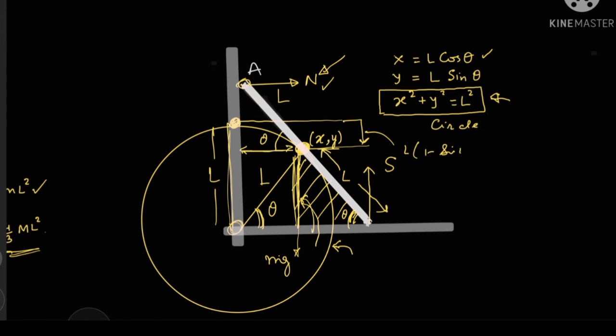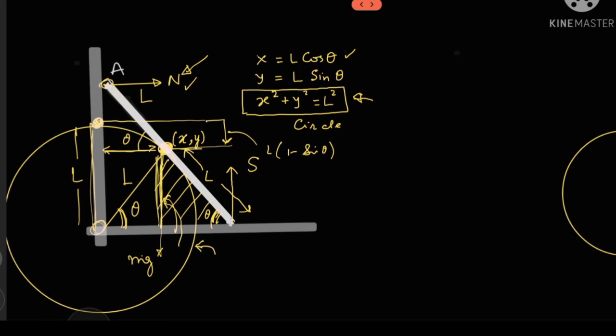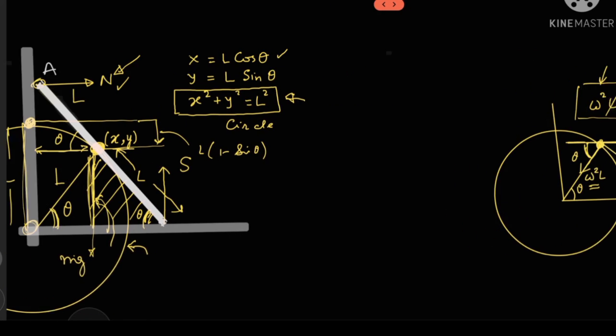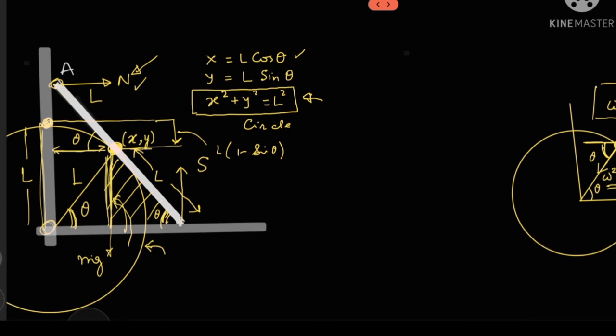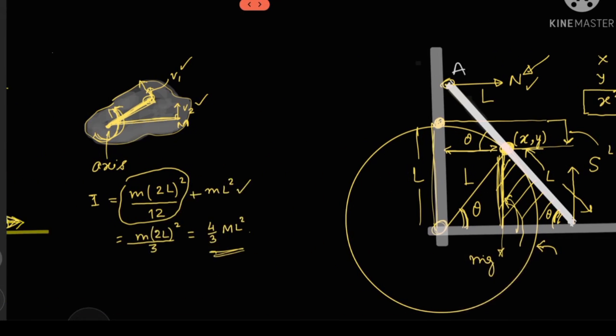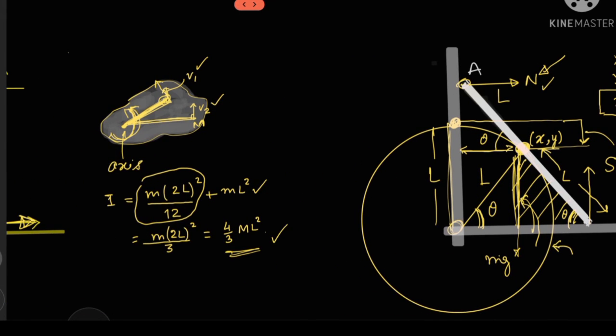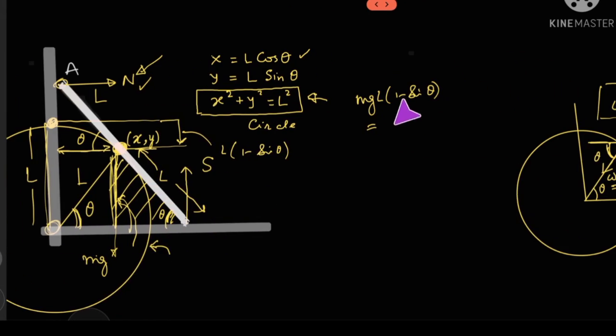minus sine theta. So using the energy equation we can write the loss in potential energy, which is mg into L times (1 minus sine theta). This will convert into kinetic energy, and kinetic energy is half I omega square, where I is 4 by 3 ml square. So this will give omega as a function of theta.